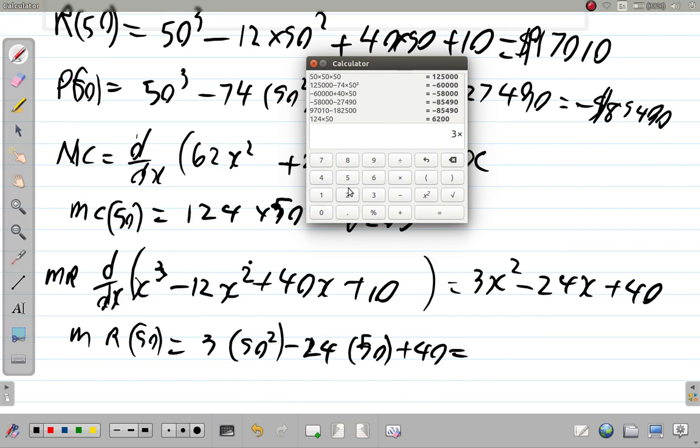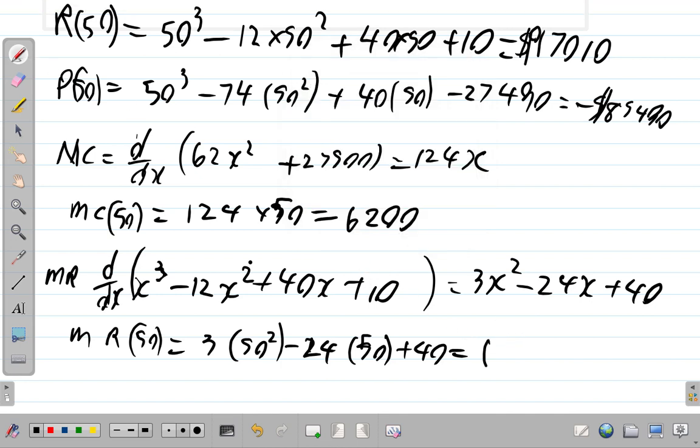Three times 50 squared is 7,500, minus 24 by 50 gives us 6,300, plus 40 would give us 6,340. So that's 6,340. All right.